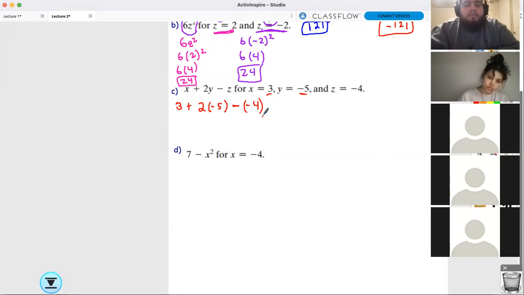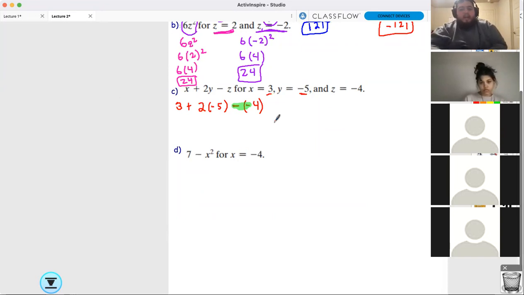So now we use PEMDAS to simplify. Can someone tell me what's going to happen over here when we have negative minus a negative? Turns into a positive.